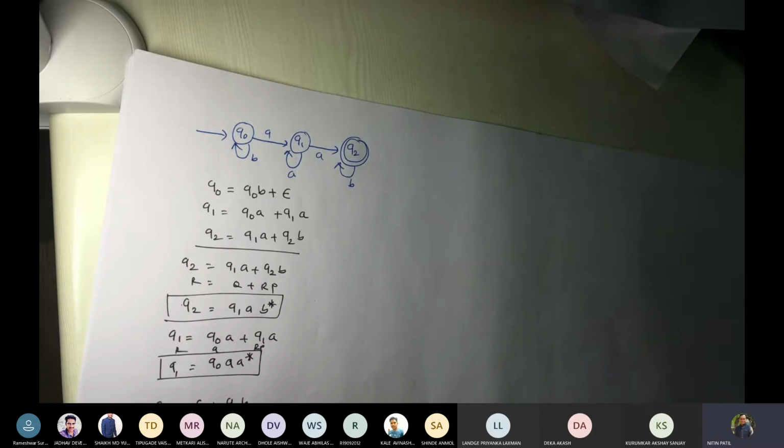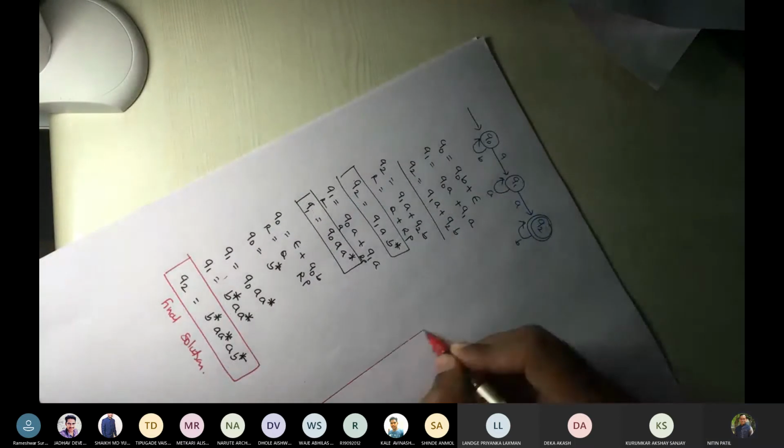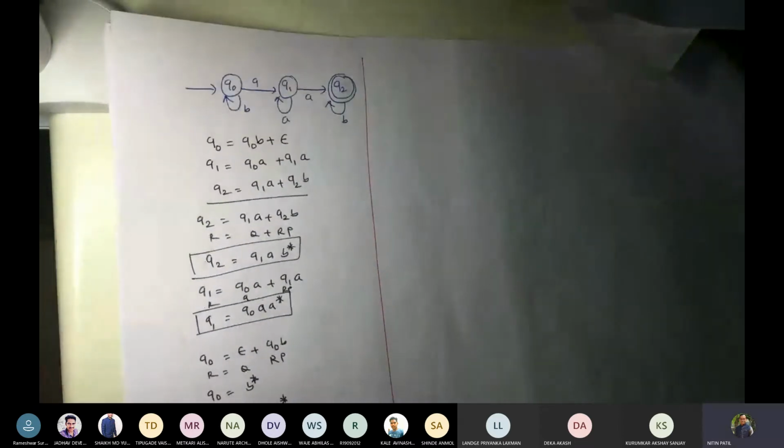Check with your solution and see whether you are getting a similar solution or not. Is that okay? Have you seen the solution that I posted? Can I take one more?